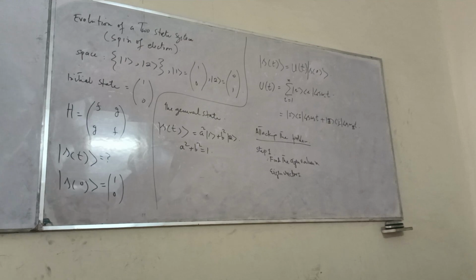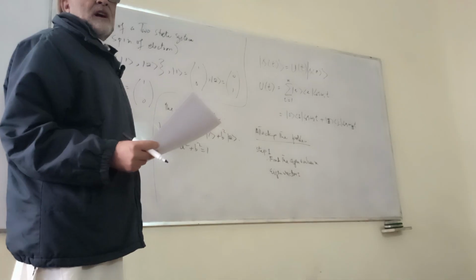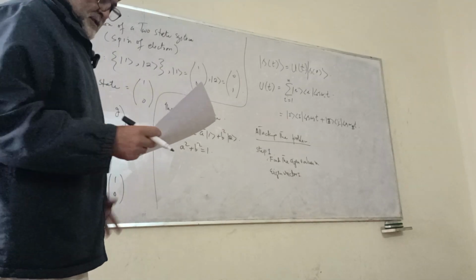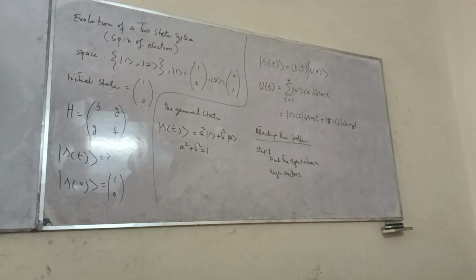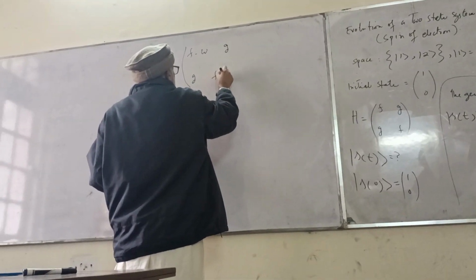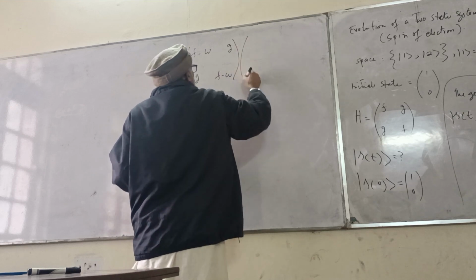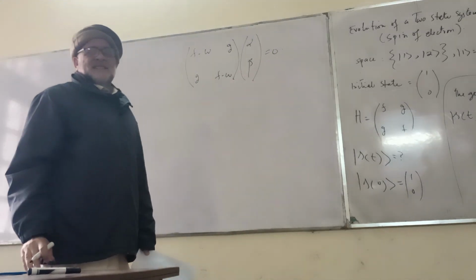We will solve the Hamiltonian for eigenvalues. The matrix equation we can write is: the matrix with F minus omega, G, G, F minus omega, acting on the vector alpha, beta.